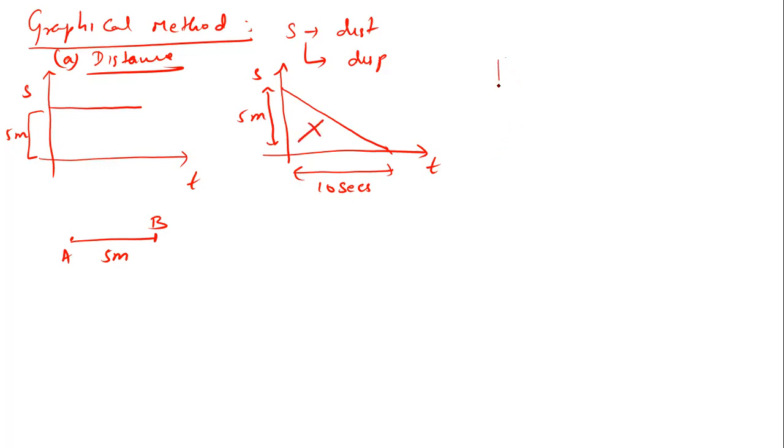Now let me draw one more graph. This is point O, point A, point B, and point C. Is this distance graph possible or not possible?